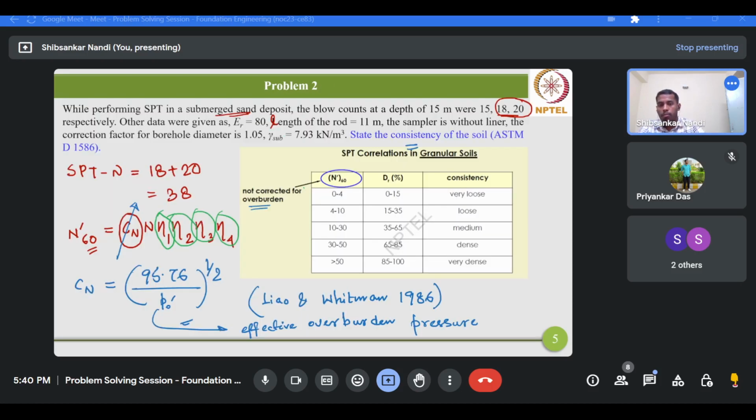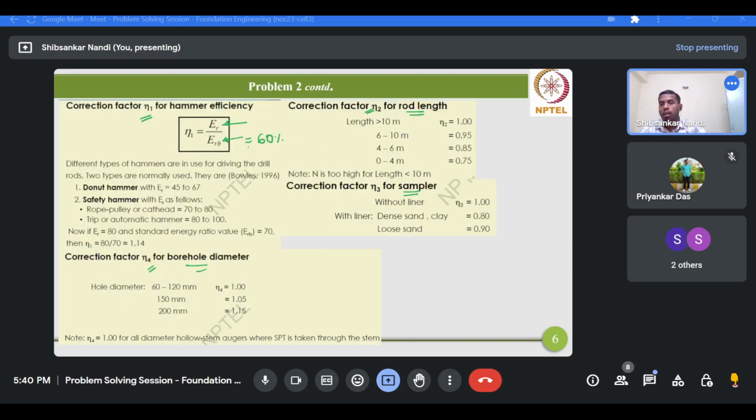Okay, so this suffix 16 denotes this condition that ERB equals 60%. Now what about ER? It will be 45 to 67 for donut hammer. If you use donut hammer, it will be between 45 to 67, and if you use safety hammer, it will be like this.